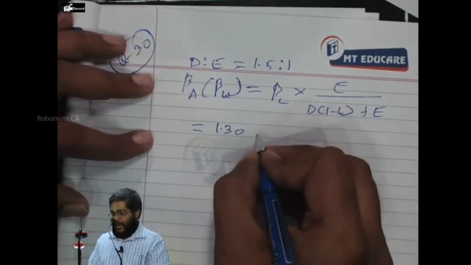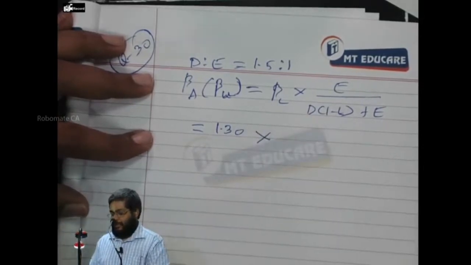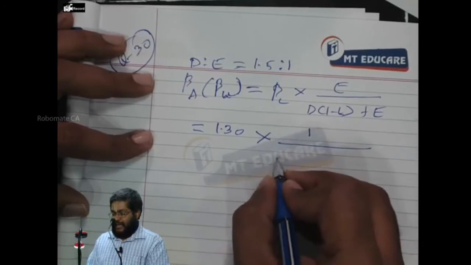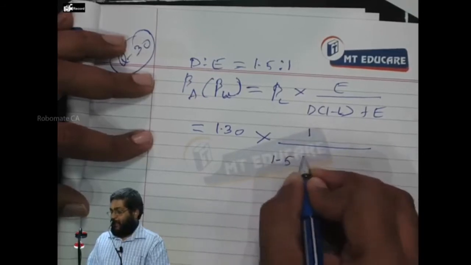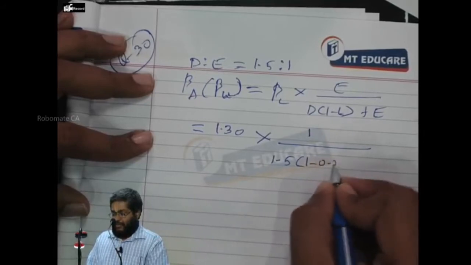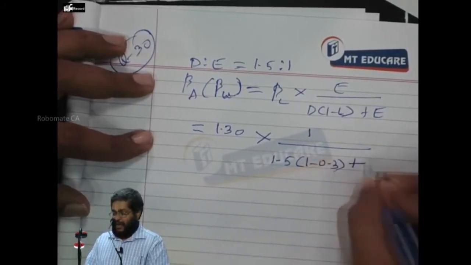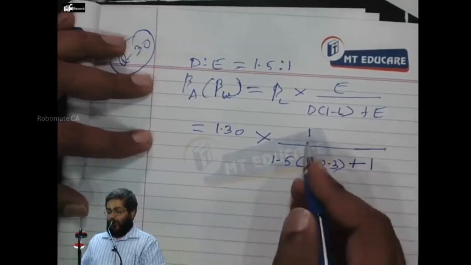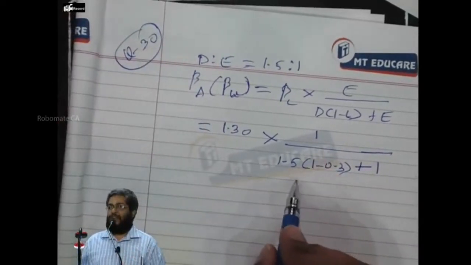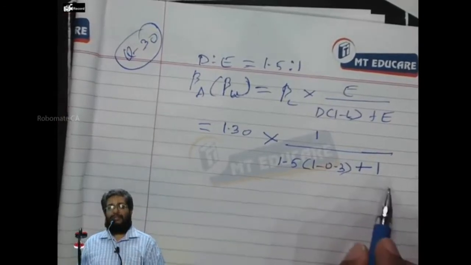Do along with me: 1.3 into equity, that is 1, divided by debt into 1 minus t, so 1.5 into 1 minus 0.3, plus 1.